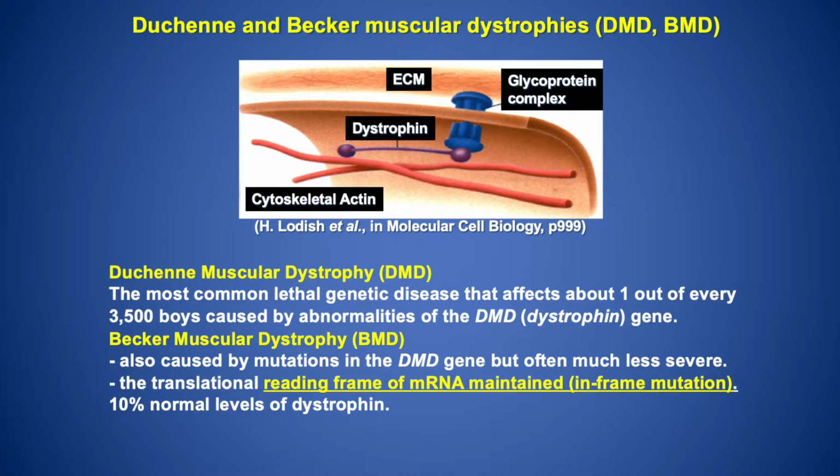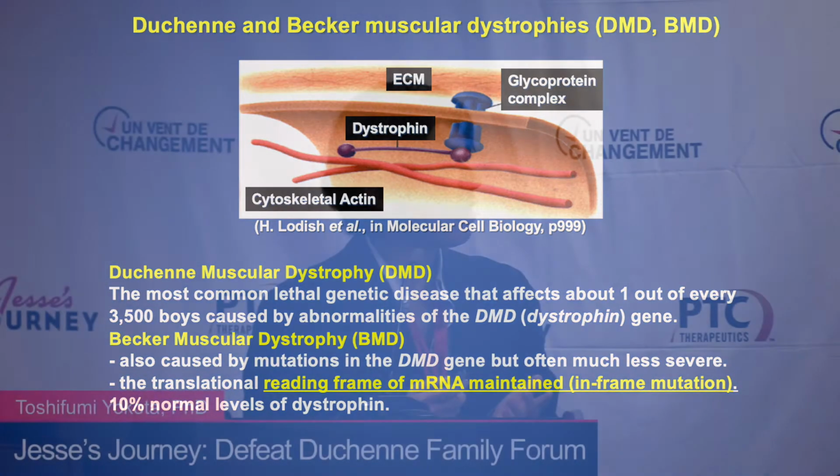Okay, so it's quite interesting. There are two diseases caused by dystrophin deficiency or dystrophin mutation. One is called DMD, and the other is called Becker muscular dystrophy. Becker muscular dystrophy is often much less severe. Many of them can still walk in their 50s, 60s, and some of them can even walk in their 70s.